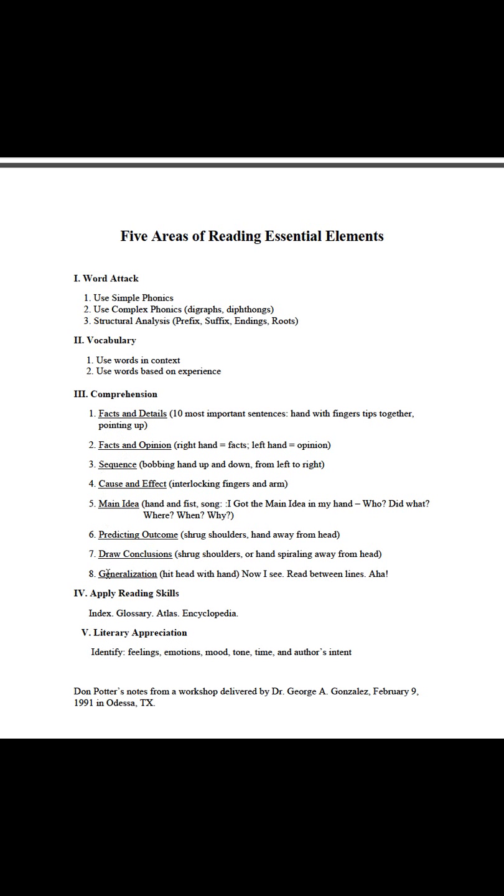We've already done the comprehension skills. Apply reading skills, such as using index, glossary, atlas, and encyclopedia to look up information. And finally, literary appreciation, which in my mind is really what it's all about, because I want students to love reading as much as I do, and as much as my children did, and as much as my students do.